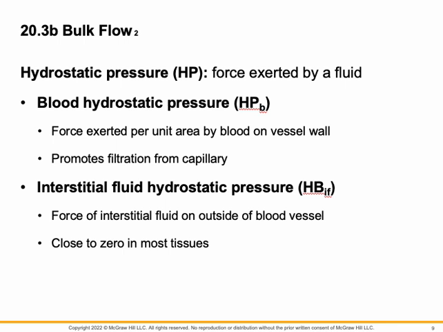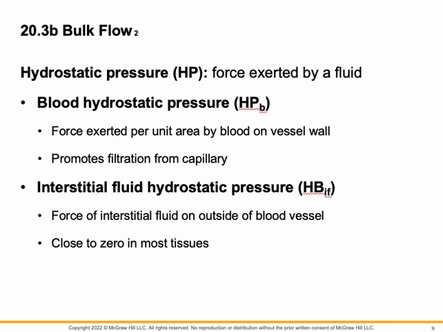And so depending on which of these pressures is greater, which one is larger, you're going to get a net hydrostatic pressure in one direction or the other, right? So if we're having filtration, if we're having things move out of the blood vessel, then that indicates that the blood hydrostatic pressure needs to be greater than the interstitial fluid hydrostatic pressure, right?